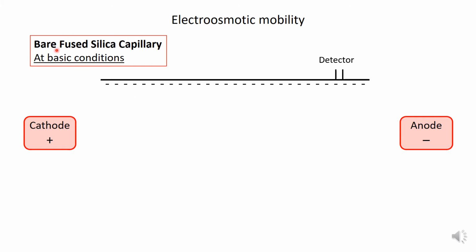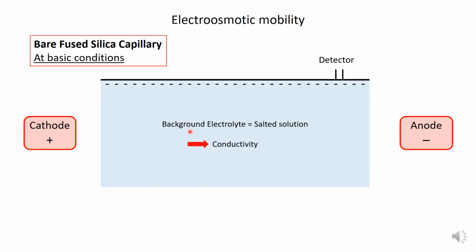We know that we work in basic conditions. So I fill, of course, the capillary with the background electrolyte, which is a salted solution, and it needs this because we need conductivity. And it means that in that background solution, I have cations and anions to make the salted solution and to allow conductivity.